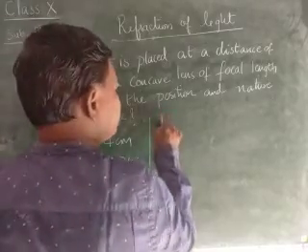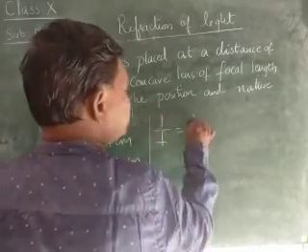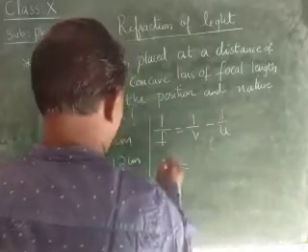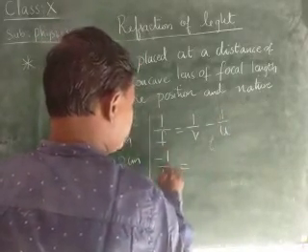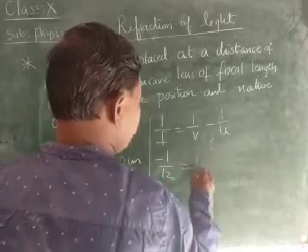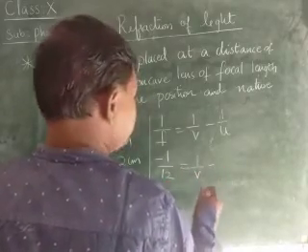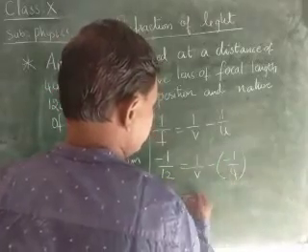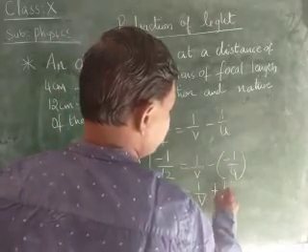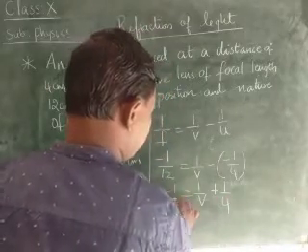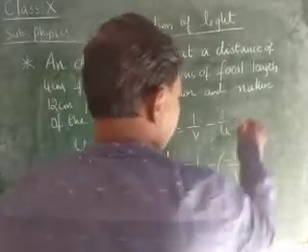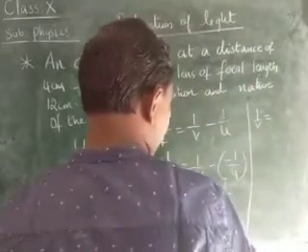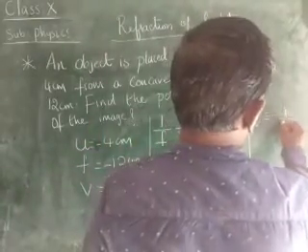Concave lens: U is negative, V is negative, F is negative. Using the lens formula, 1 by F is equals to 1 by V minus 1 by U. That is minus 1 by 12 is equals to 1 by V minus of minus 1 by 4. That is 1 by V plus 1 by 4 is equals to minus 1 by 12. Here 1 by V is equals to minus 1 by 12 minus 1 by 4.